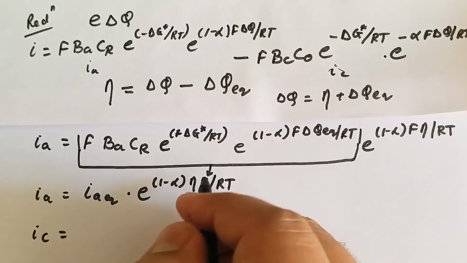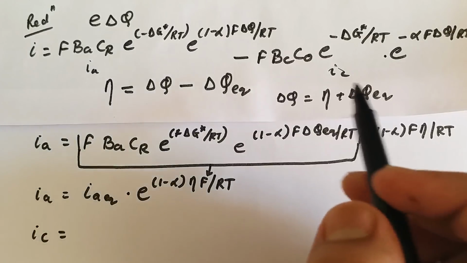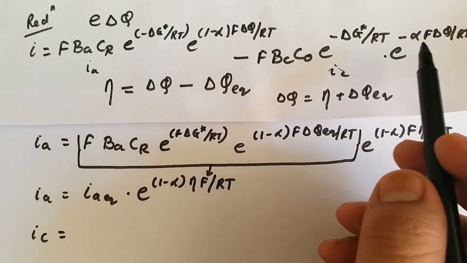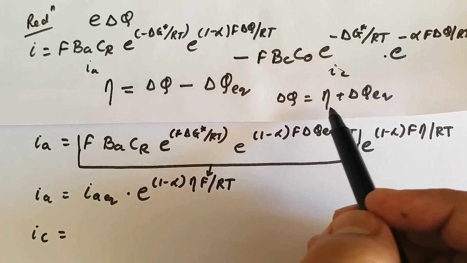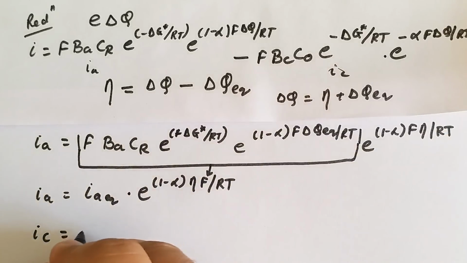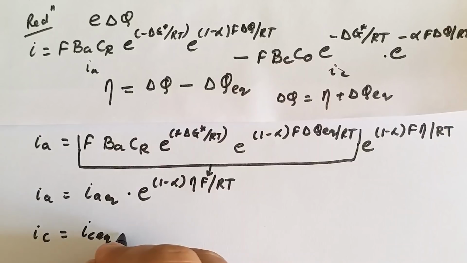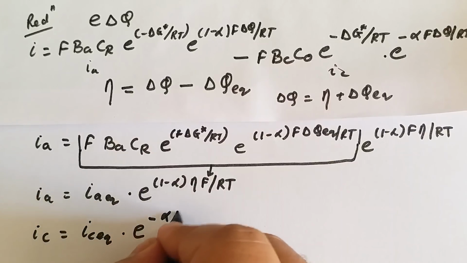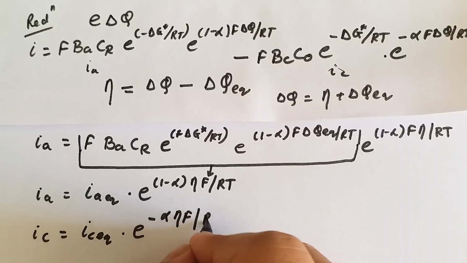Similarly for the cathodic current ic, again I can substitute over here. In place of Δφ, I will substitute η and Δφeq. So I will have ic,eq into e raised to minus αηF by RT.